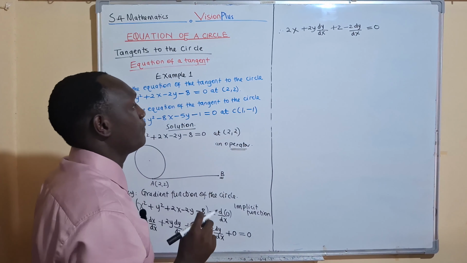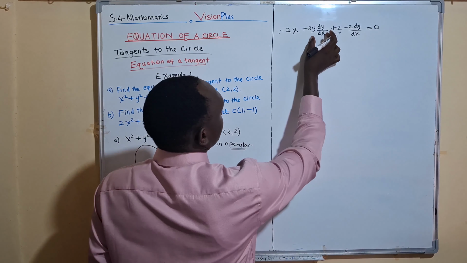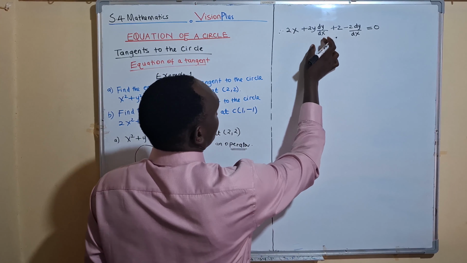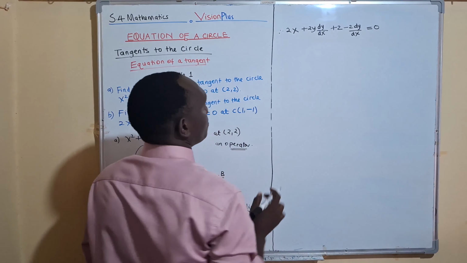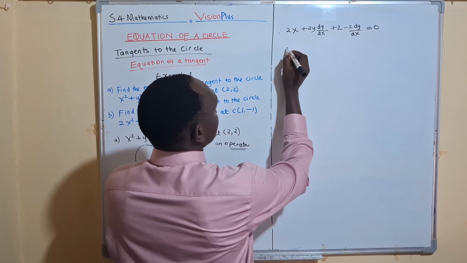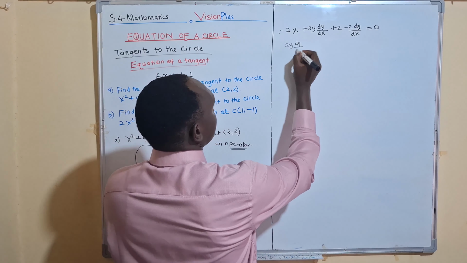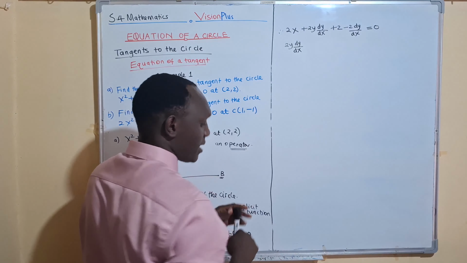What do we need to do? We need to collect the like terms, so that we add the terms containing dy dx together. I'm going to collect the like terms in this manner. I will have 2y dy dx. Our markers are running out.